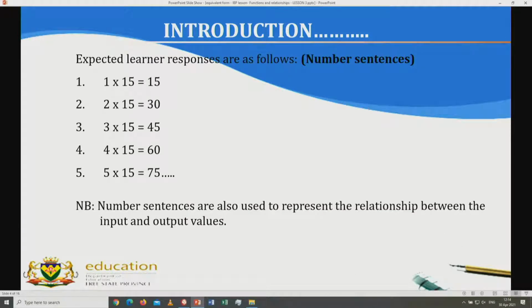And so on. Take note that number sentences are also used to represent the relationship between the input and the output values.